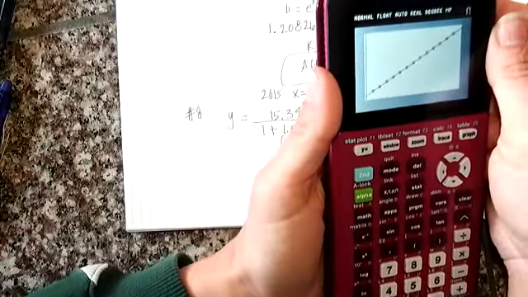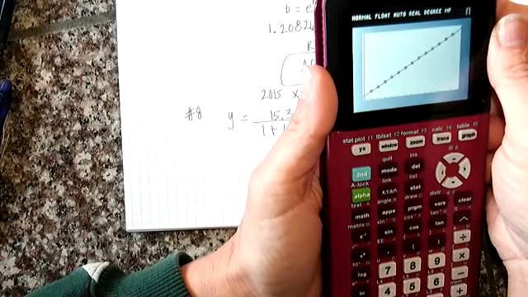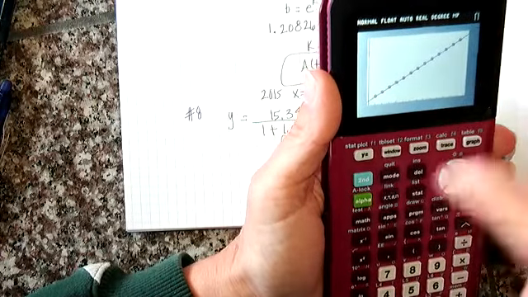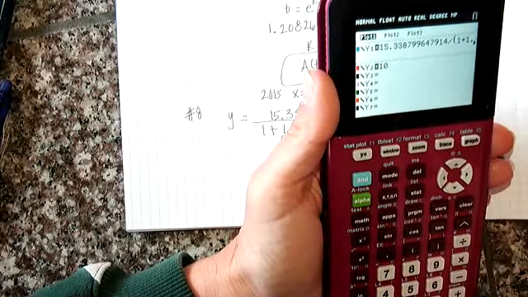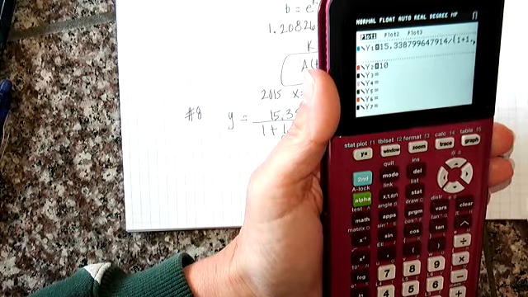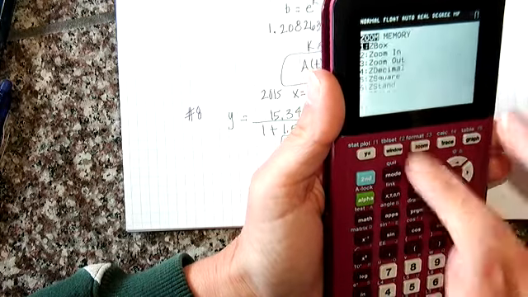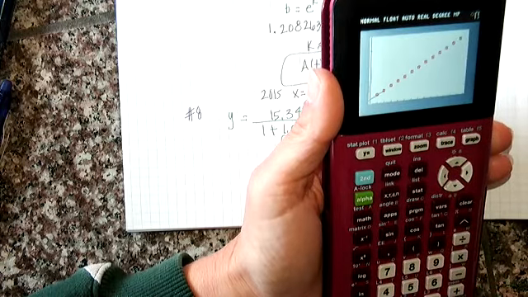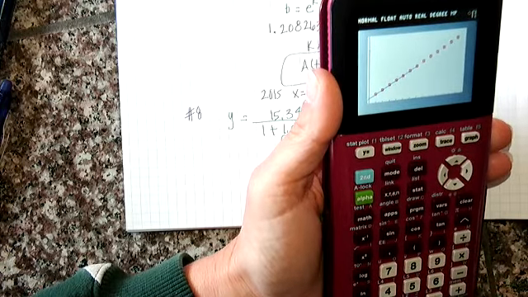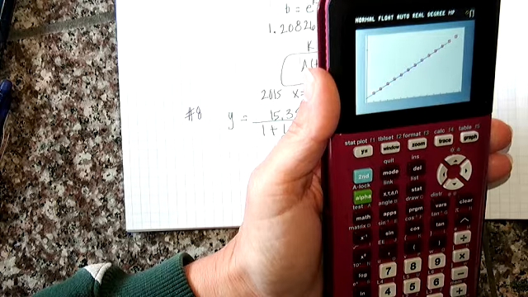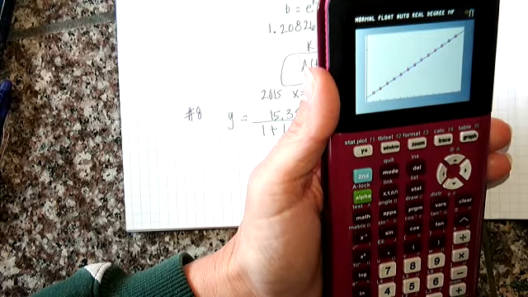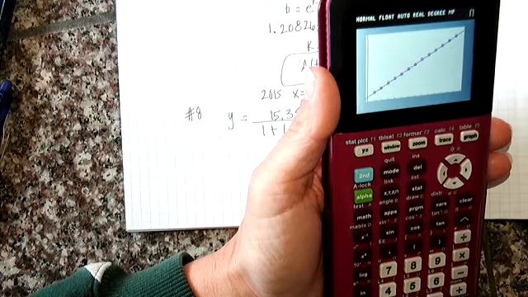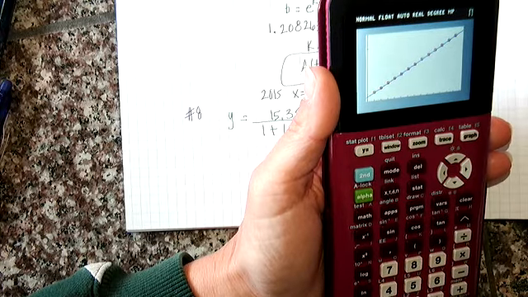So when I did a zoom stat, this is what it looks like. And my y equals 10 isn't even showing up. So again, I did a zoom stat. It's working slowly. It looks like the data fits perfectly.